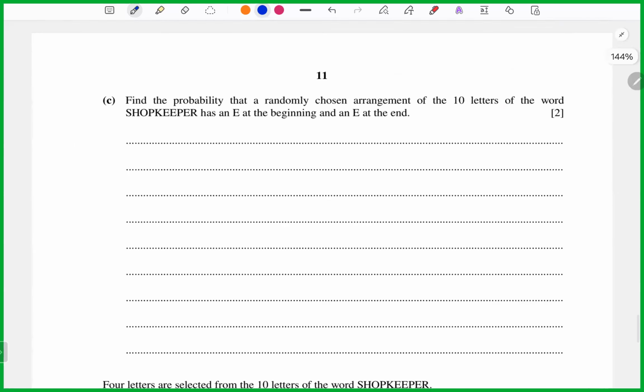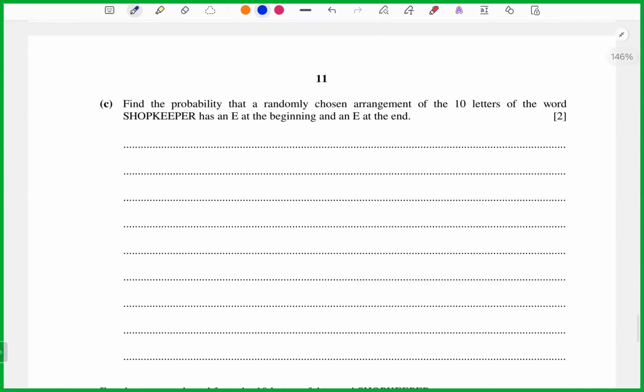Let's look at question C. Find the probability that a randomly chosen arrangement of the 10 letters of the word shopkeepers has an E at the beginning and an E at the end.